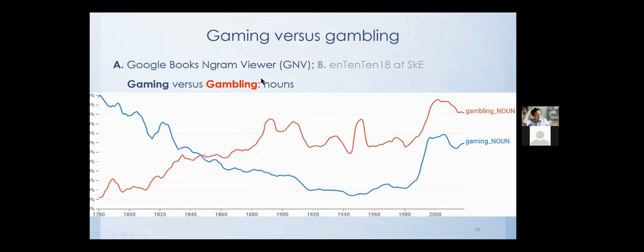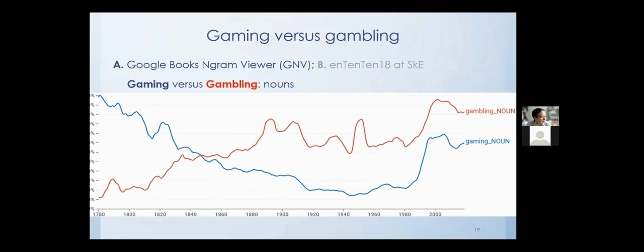Evidence from Google Ngram again first. So historically, we can see gaming has been used much more than gambling, and gambling emerged. And this appeared in the paper with Professor Wang and also Longxing Li, published in Sage Open.